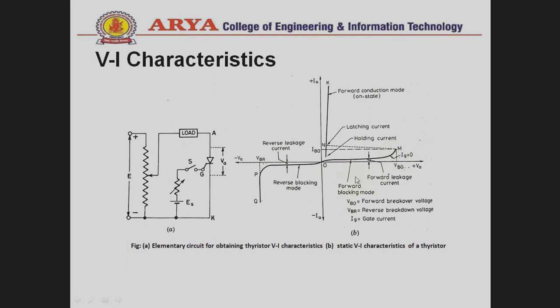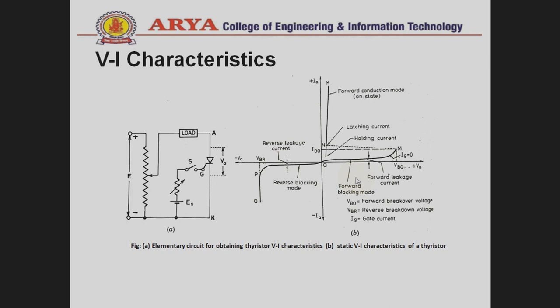In the forward blocking mode, SCR is not in the on state. SCR is still in the off state, because in the forward blocking mode, junctions J1 and J3 are forward biased, but junction J2 is reverse biased, and current does not flow from the anode to cathode.